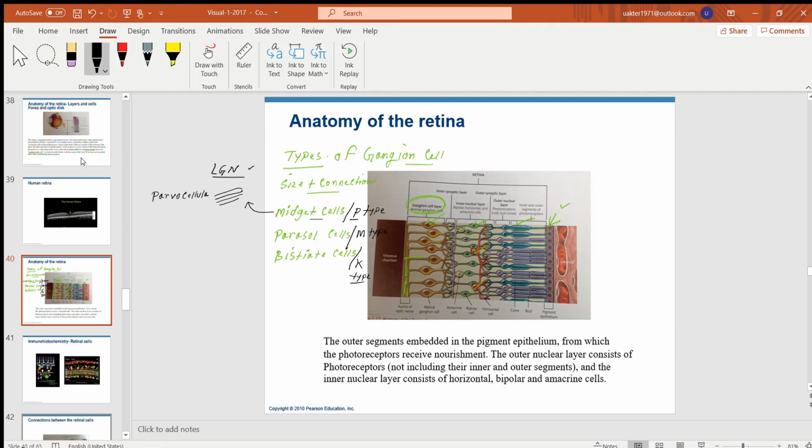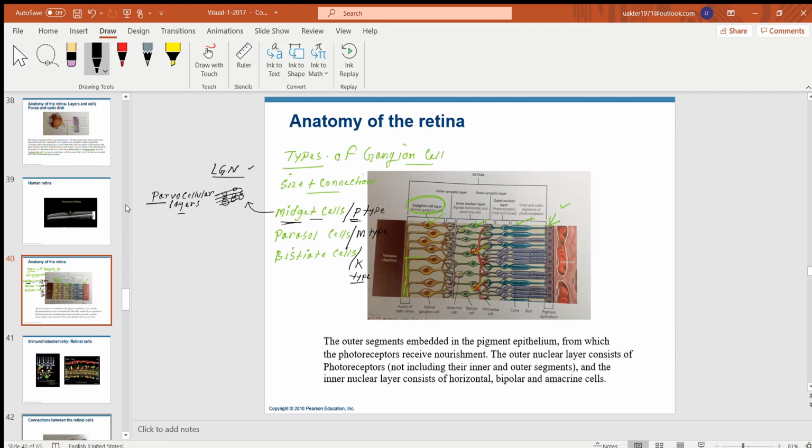Make sense? So these layers receive the signal from midget cells. That's why these cells are also called P-type, parvo.